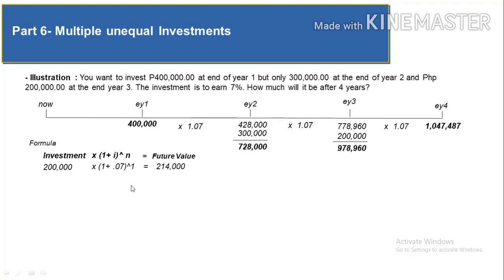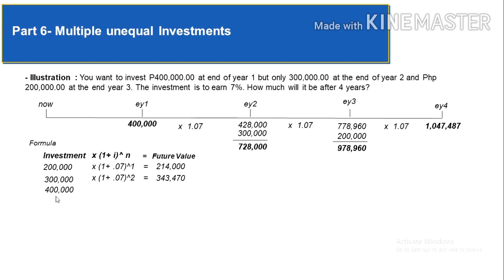But we need to explain why is the n positive 1, sir? Because this 200,000, your last payment, has only 1 year of opportunity to grow. The next is 300,000 times 1 plus 0.07 raised to the power of positive 2, because it has 2 years to grow. So you will have 343,470.